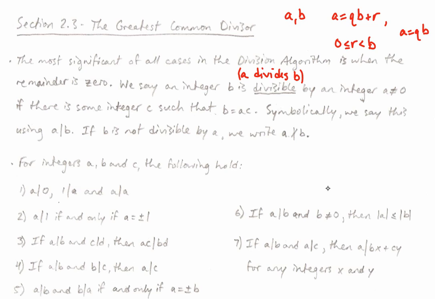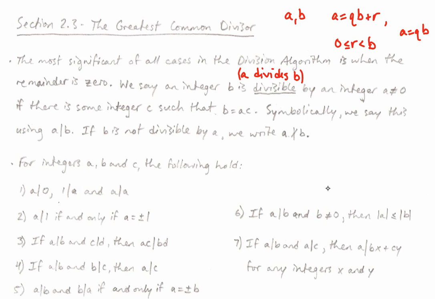But more commonly, and you'll hear me use this phrase more often throughout this video and for the rest of the course, we say that a divides b. So b is divisible by a, a divides b, all saying the same thing.